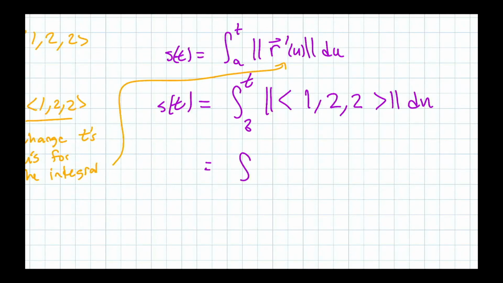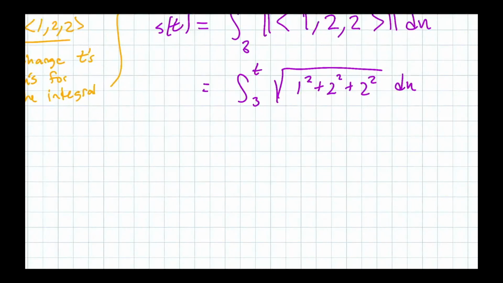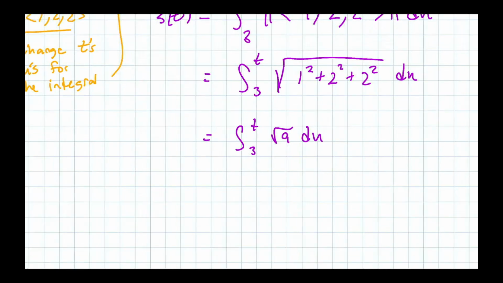We work this integral out. So 3 to t, magnitude of this vector. The magnitude of the vector is simply going to be the square root of 1 squared plus 2 squared plus 2 squared du. So we got 4 and 4 and 1, so it's square root 9 du. That's nice. So it's just going to be 3.